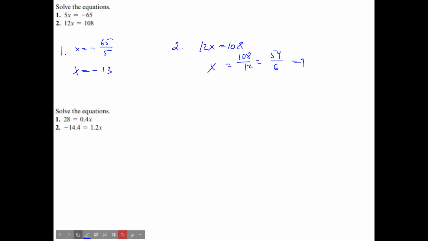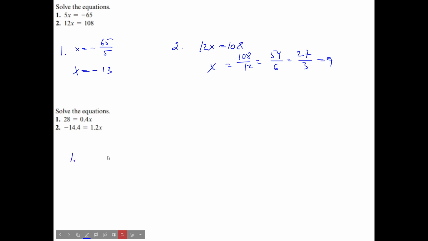Or even, let's say I forgot the multiplication table, what else can be done? I can do what? 27, and that is 9. Right. Okay, let's do this one.